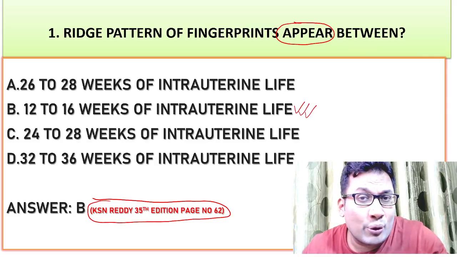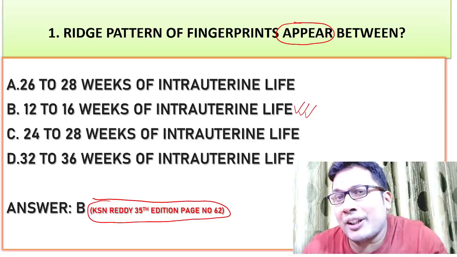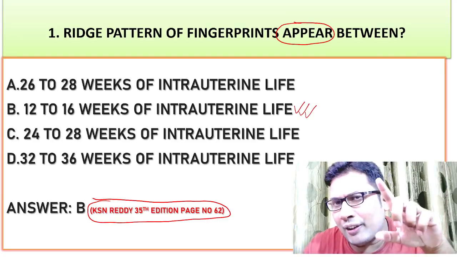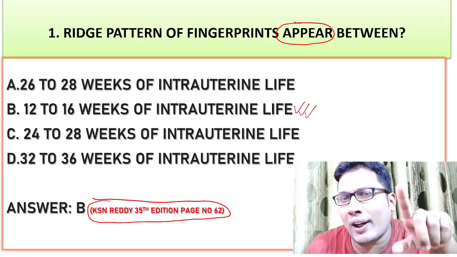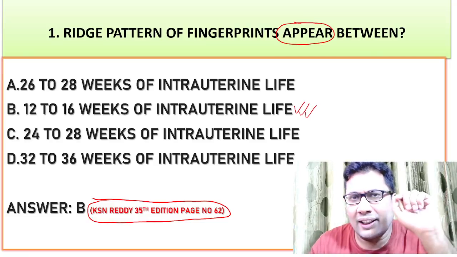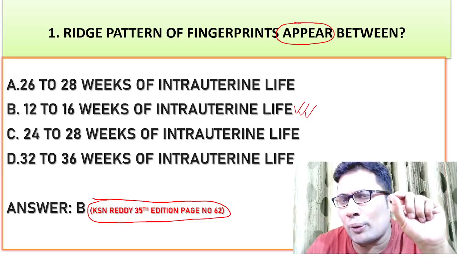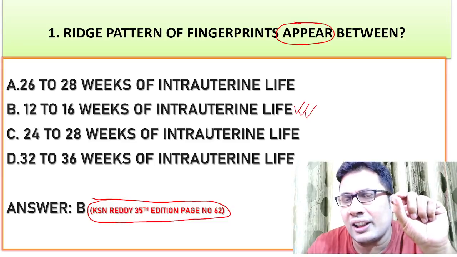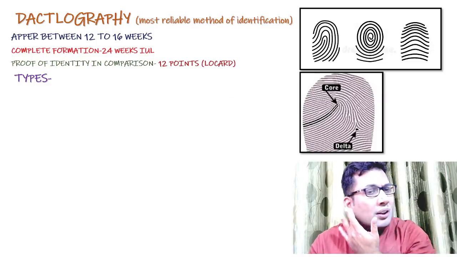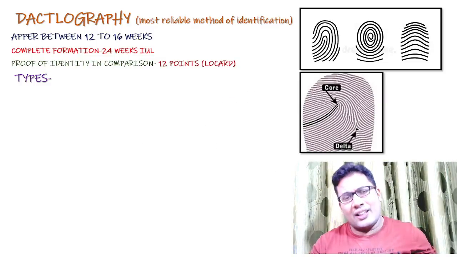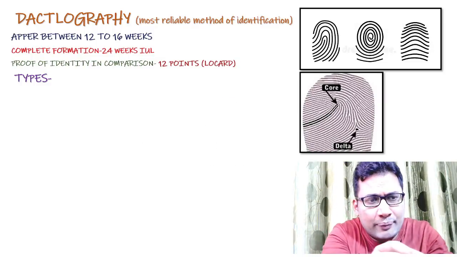But if the question asks complete formation occurs by, it is 24 weeks of intrauterine life. Let's discuss fingerprint. It's very commonly asked in NEET PG, FMGE and INI-CET exam. The fingerprint system is also known as dactylography.